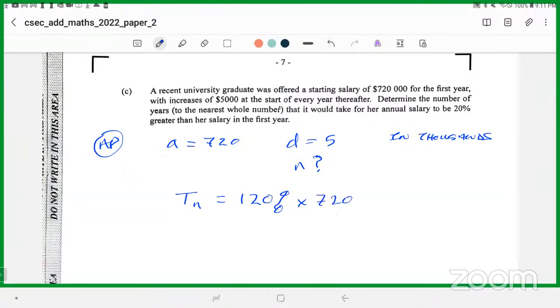Remember, we're working in thousands. That's what the question is asking: when will the sum reach this? So if somebody can work out 120% of 720 for me, that's the term we're trying to find.